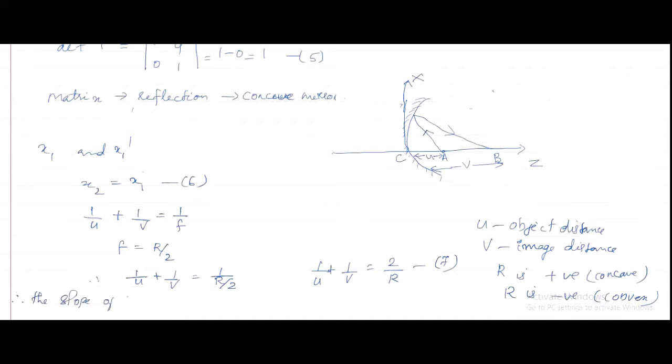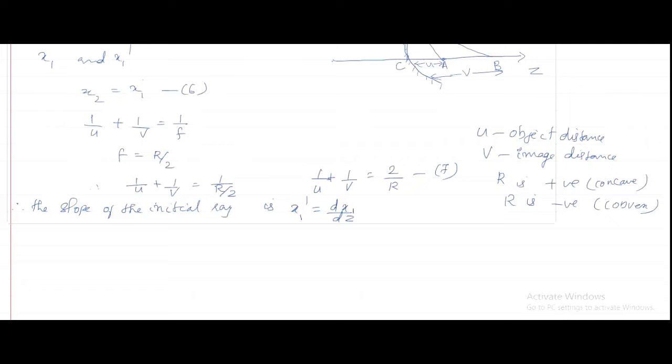Therefore, the slope of the initial ray is x1 dash equals dx by dz. Or we can write x1 dash equals x1 by u, where x1 is the height of the ray on the mirror.